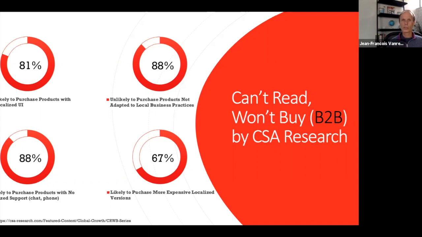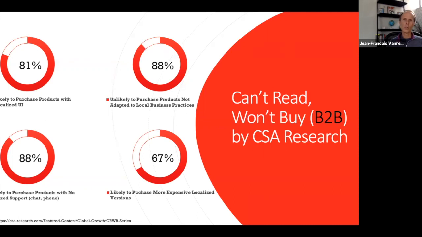They will also want to make sure, at 88%, that the support is provided in the language, because they don't want to deal with this. If you have a global company, you don't want to have everyone, let's say, outside the United States having to connect in English for the different support issues that they may have with the product.